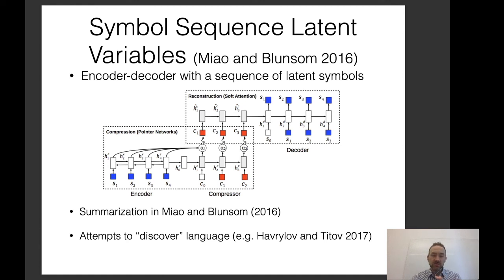There's also something called emergent communication, which is basically an attempt to discover language with these symbolic sequential latent variables. You're given an image, and the encoder compresses it into a sequence of latent variables, and then you need to reconstruct the image or predict which image it was or something like this.